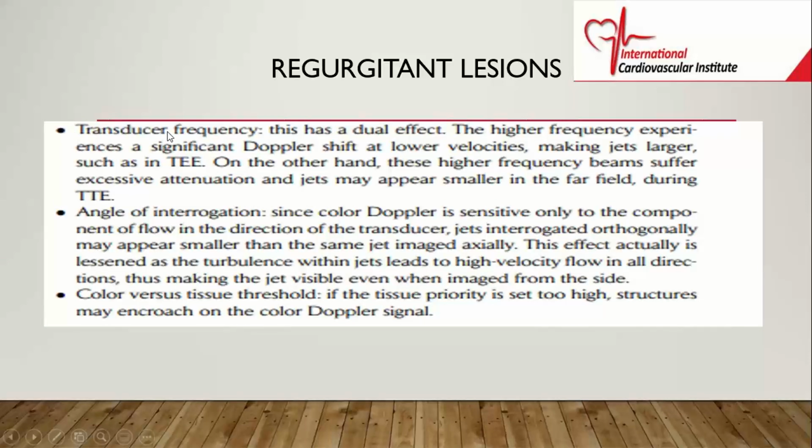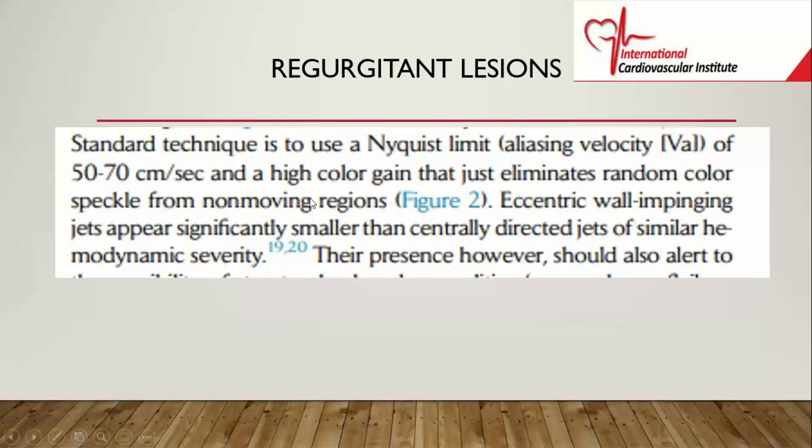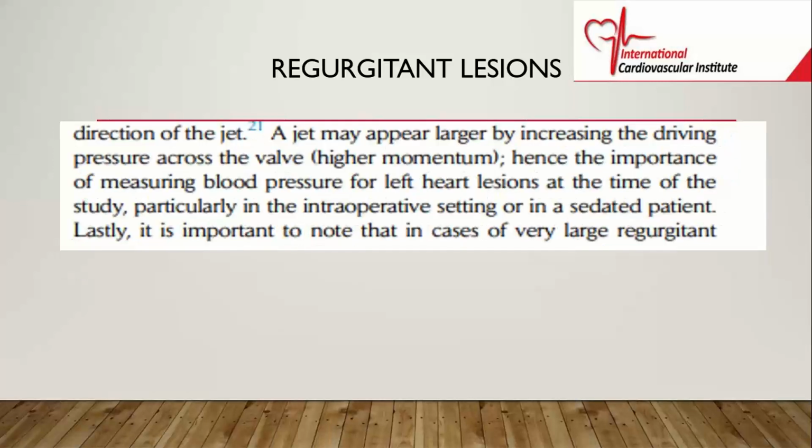Frequency can also affect what the jet looks like. When you're evaluating your regurgitant lesion, it's best to set your aliasing velocity between 50 and 70 centimeters per second, so as not to overemphasize the jet.